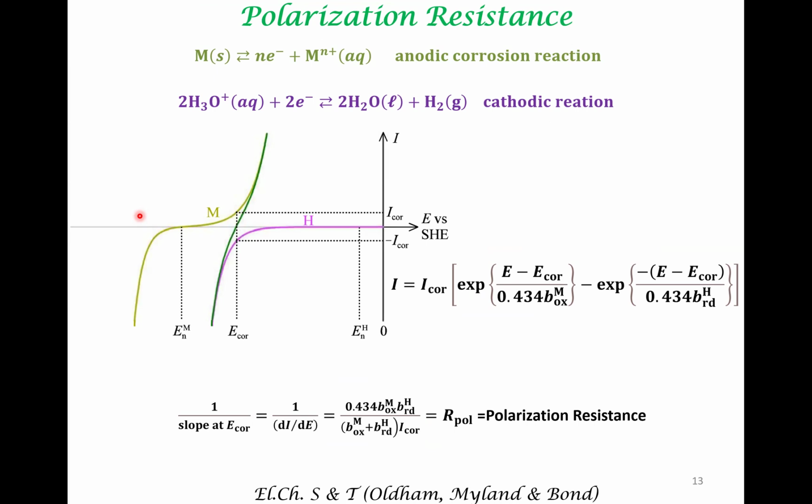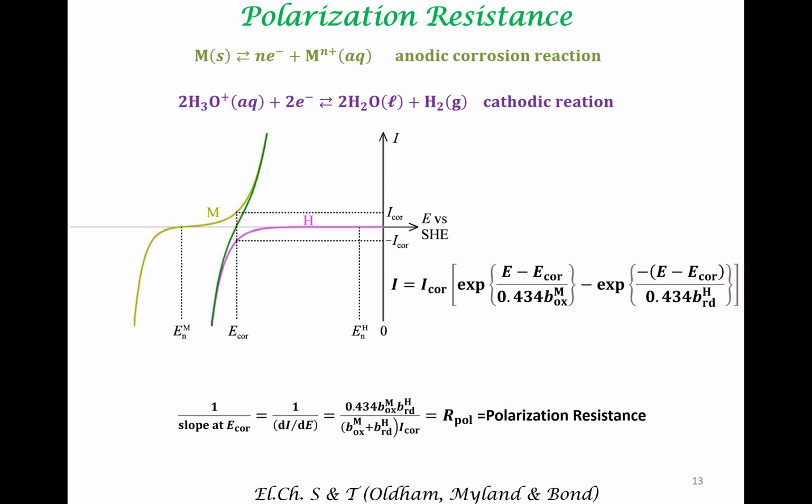Another quantity which is often mentioned is the polarization resistance, because around this region, at potentials sufficiently close to E corrosion, you can have a linear behavior.